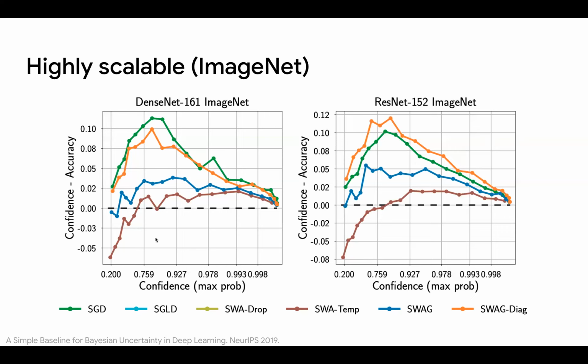They are trying to measure some sort of ECE right here, where instead of showing accuracy versus confidence, they are showing the difference at different confidence levels. So closer to 0 is good. And it looks like SWAG is better than SWAG-diag, right? While SWAG-diag is kind of similar to SGD, which is too bad. But the point is that this is done on ImageNet. So it's for free and scalable.